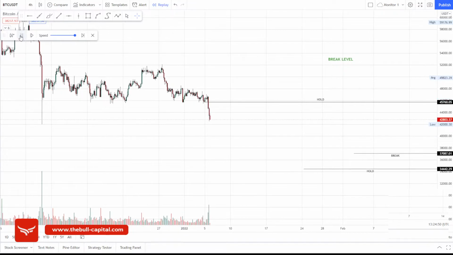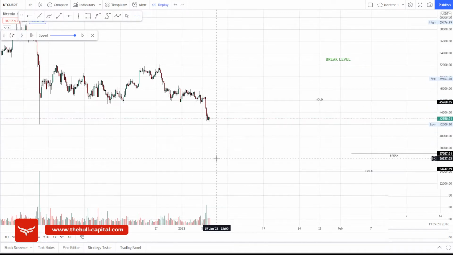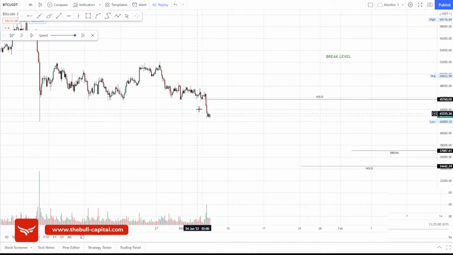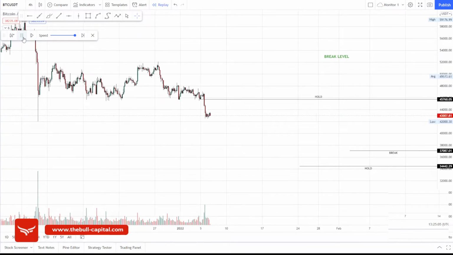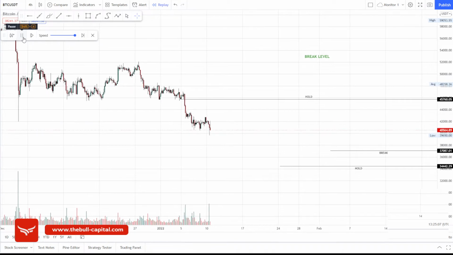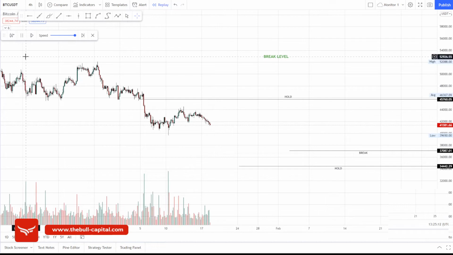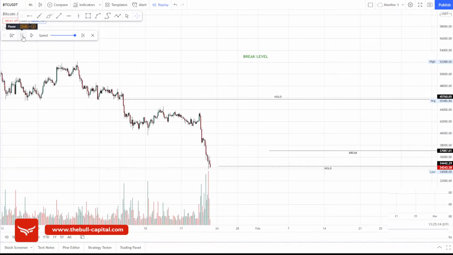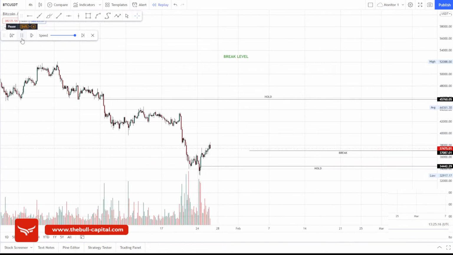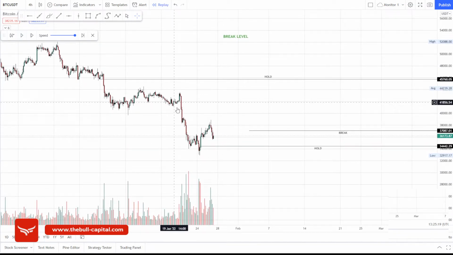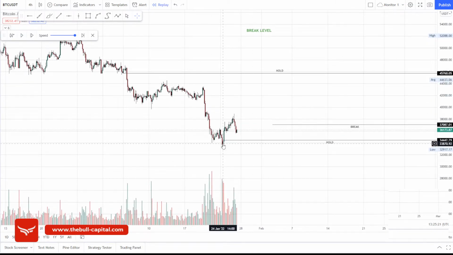So let's play this. We had a break in the level, and now it formed a hold level here. It has not been tested yet. So now it formed a structure, and now we have another hold level here that has been formed.